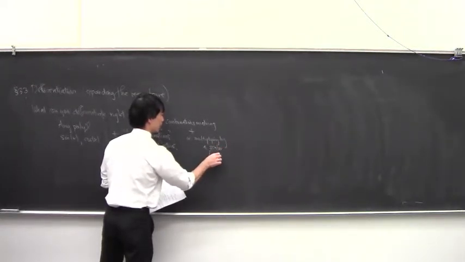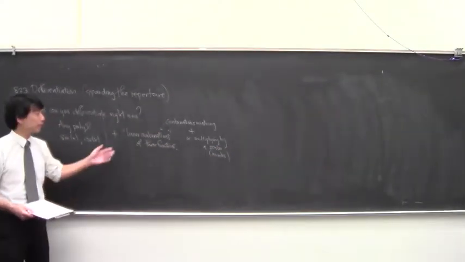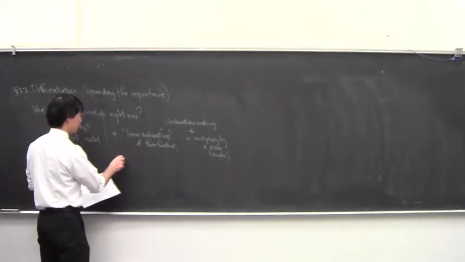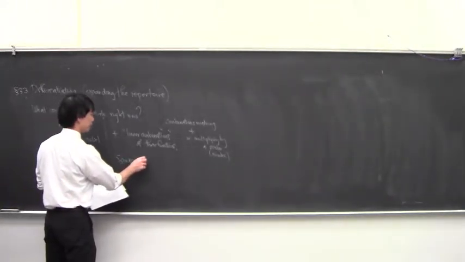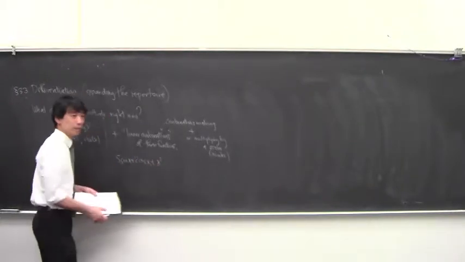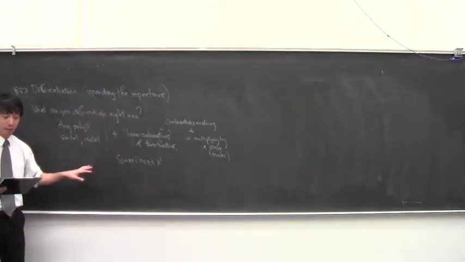Any sort of combinations, right? We could take 5 sine x plus 2 cosine x plus some polynomial, and we can differentiate this sort of thing. And that's about our limit at this point.